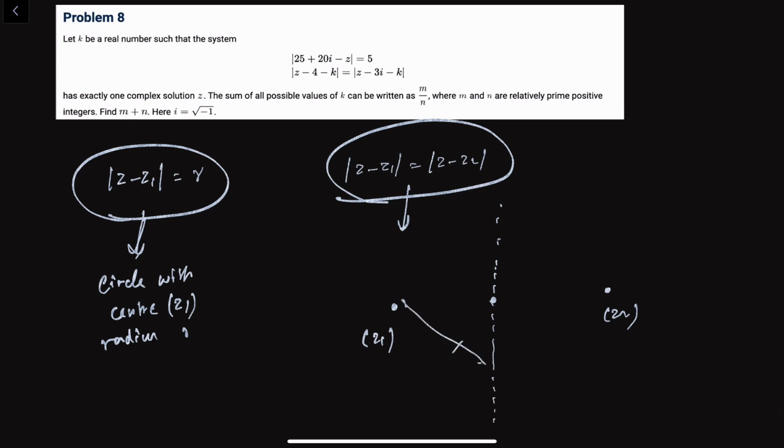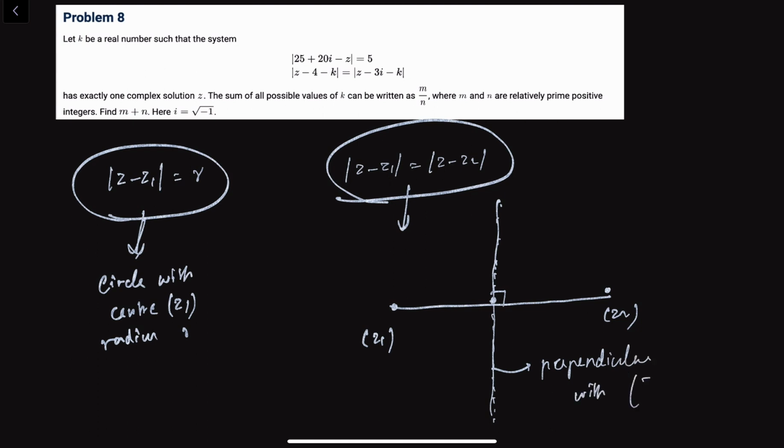So this gives us the locus of the perpendicular bisector, passing through the midpoint (z1 + z2)/2. That's the complex numbers part given in the question.